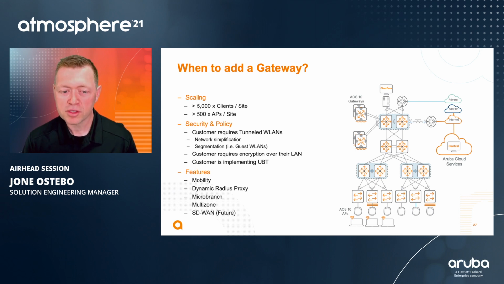You might have other users, the employees, going to a cluster in a data center where you have all your IT operations equipment. Or you might have guest access going to an external data center or a DMZ zone. All of these show that we have multi-zone, so you can send different traffic to different clusters, in a way similar to what we did with multi-zone on AOS 8 with the mobility controller.